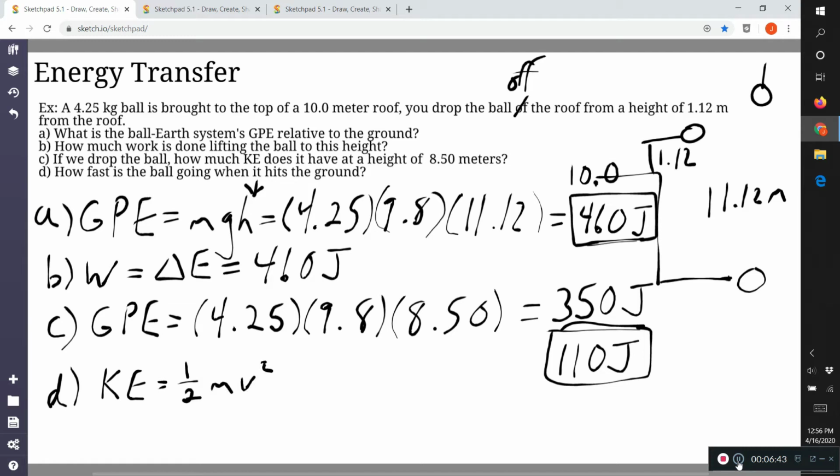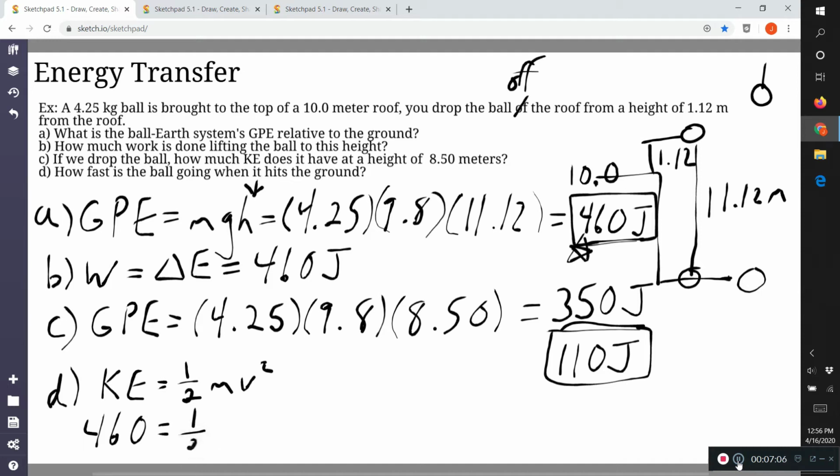And we know the kinetic energy is 460. And again, how do we know that? When this object finally hits the ground, its gravitational potential energy is going to be 0, which means all of that gravitational potential energy we started with is now kinetic energy.